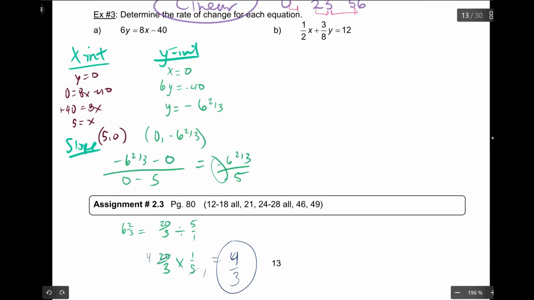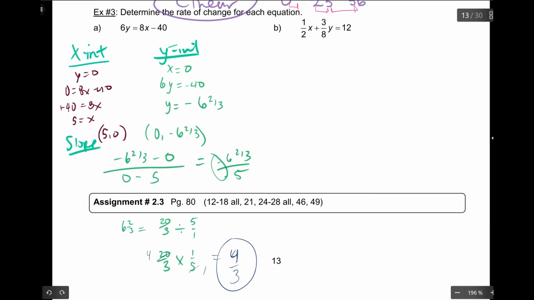Nice, 4/3. The other way of doing it is to get into slope-intercept form. 1/2 x minus 12 equals -3/8 y. I just move the y over and move the x over. Now I can multiply everywhere by 8/3.